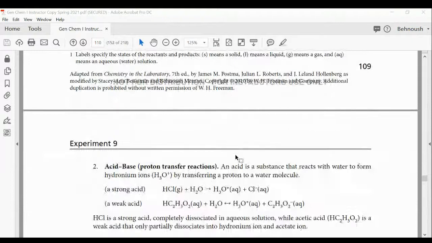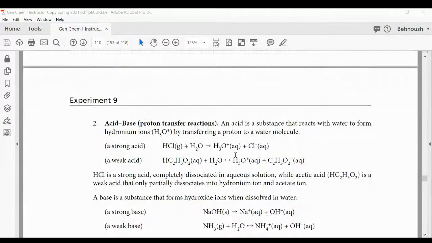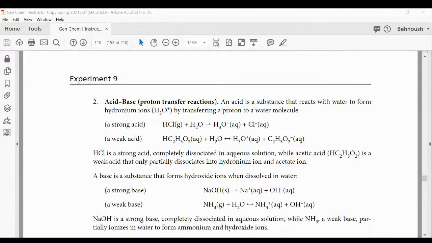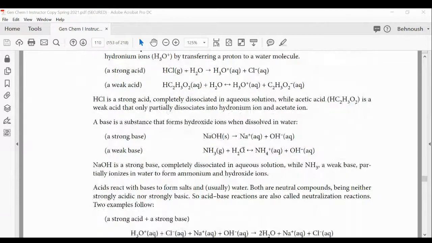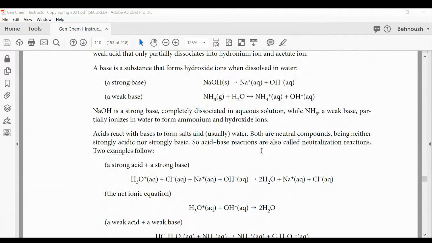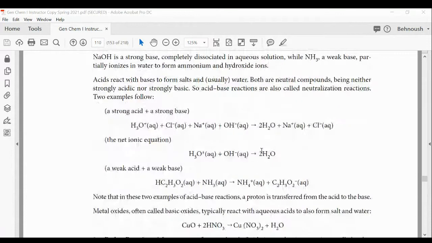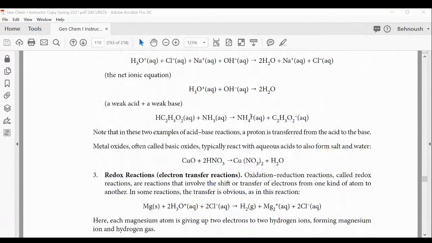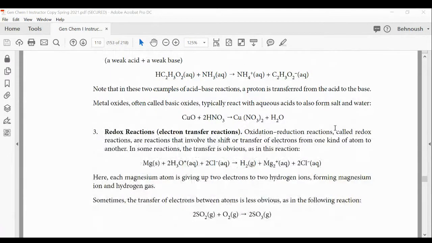And in every step, you want to identify what type of reaction it is. In an acid-base reaction, acid will neutralize the base or base would neutralize the acid. We could have a strong acid or weak acid, a strong base or weak base. We have talked about this when we talked about electrolytes. Whenever you have acid plus base, the product is going to be salt plus water.